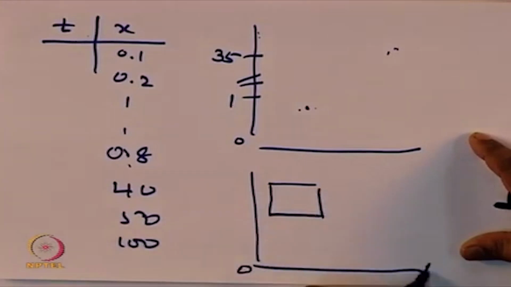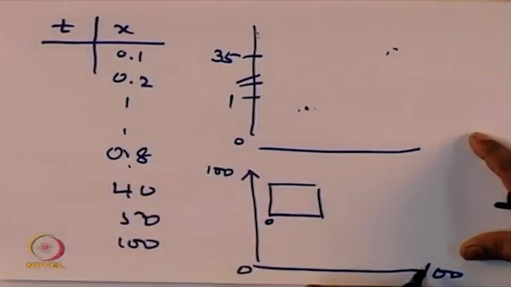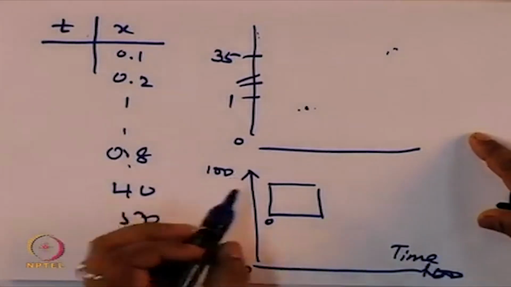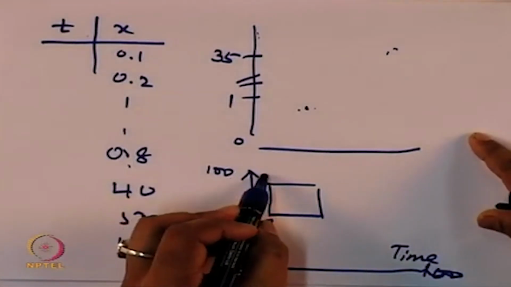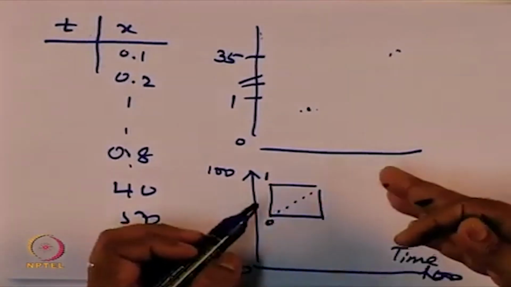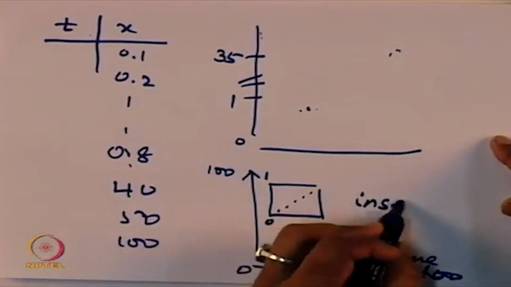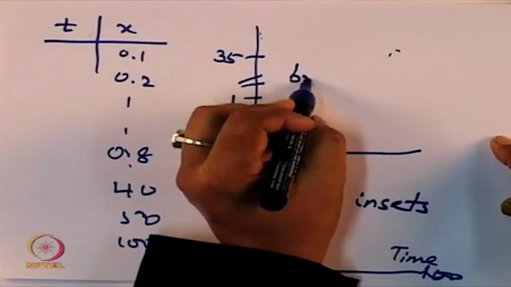Let us say this vertical axis is from 0 to 100, and this is your time axis, but the inset is only from 0 to 1. So, here you can have these extra points and you can clearly see how they vary in the y axis. So, this is using insets and this is using breaks.